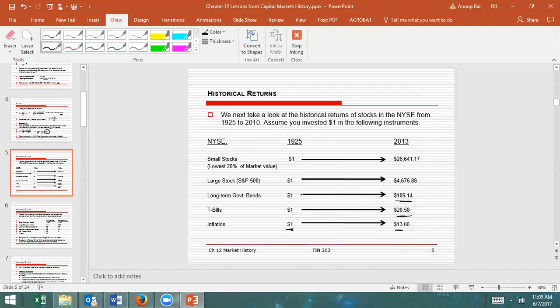What if you instead put all your money in stocks? Well, if you put all your money in stocks, a dollar would have gone up to be $4,676.88. So just take a look at the difference between these two. A whopping difference, correct?